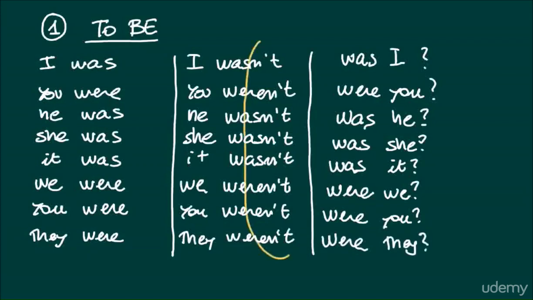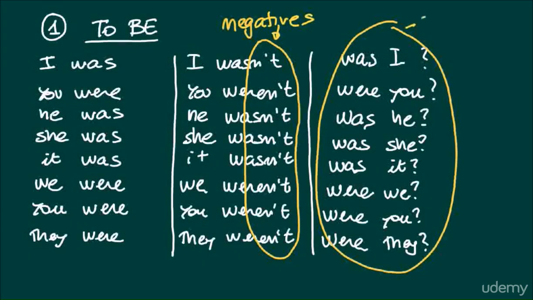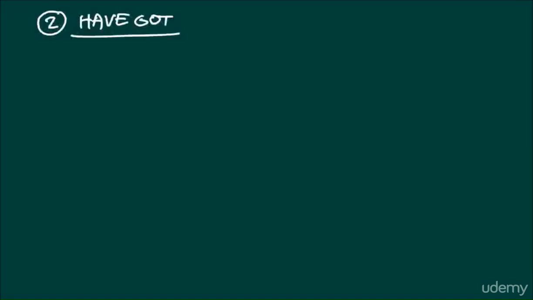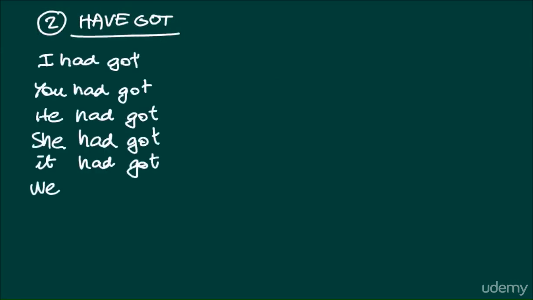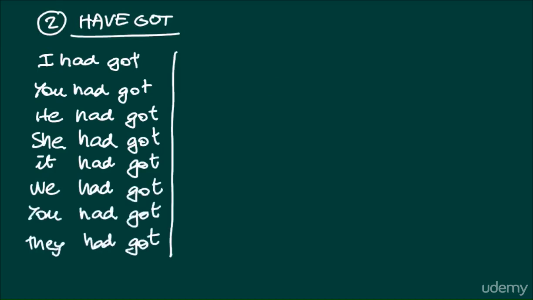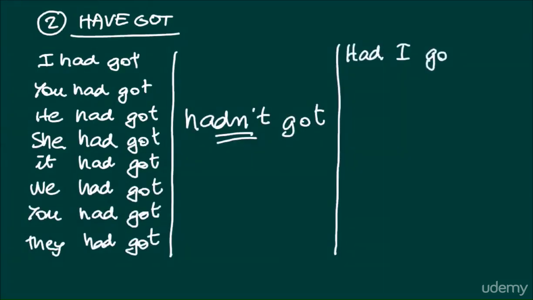Remember that when we use the verb to be, we always use the verb to be to do the negative sentences. In questions, we just put the verb to be at the beginning of the sentence. 2. If we want to use the verb have got, then in past we say, I had got for all the subjects.